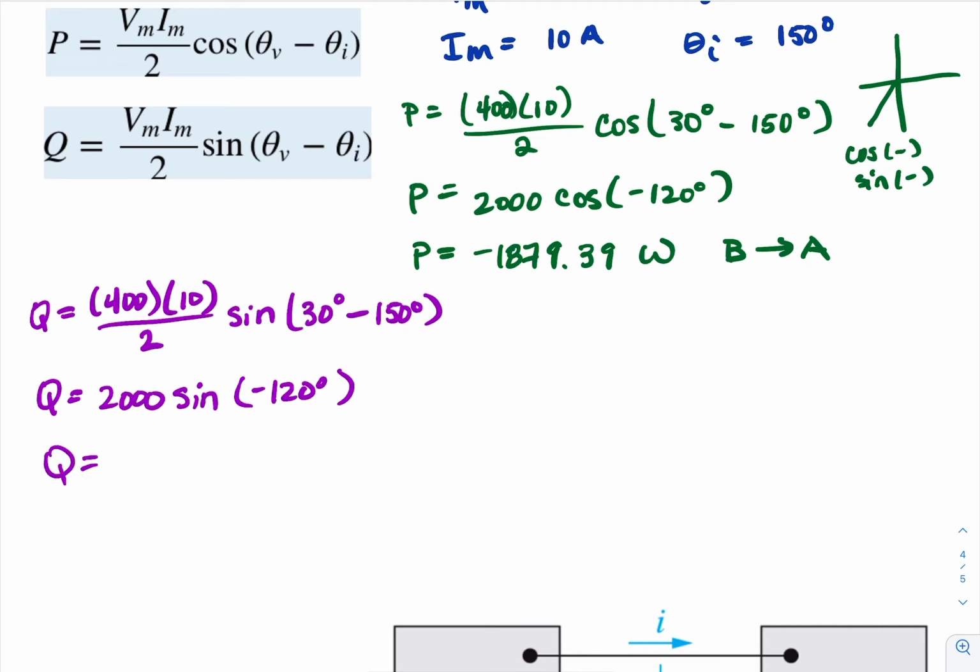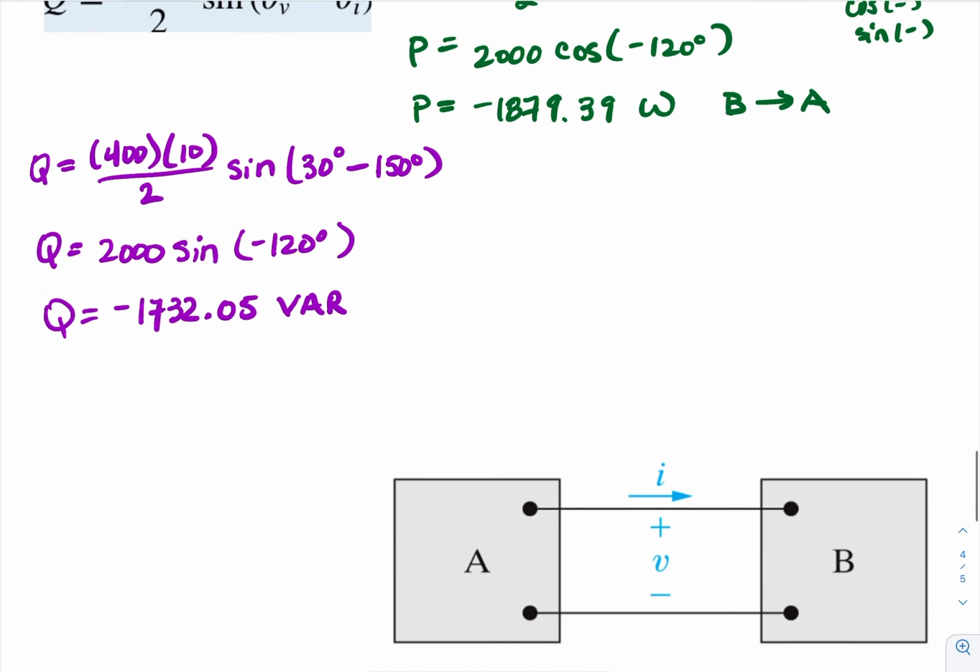If we pop that into the calculator, we should come up with minus 1732.05 var. So that means that B is delivering magnetizing vars and A is absorbing. So our flow should be from B to A.